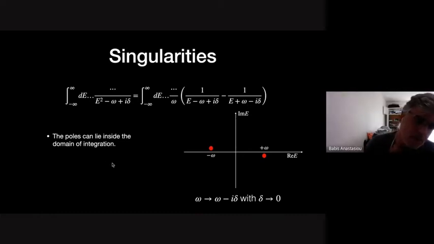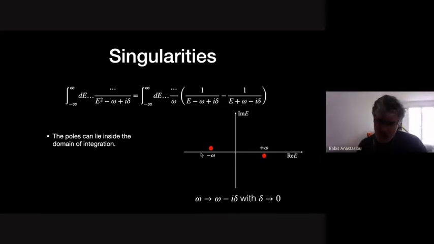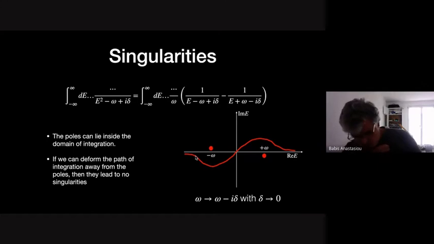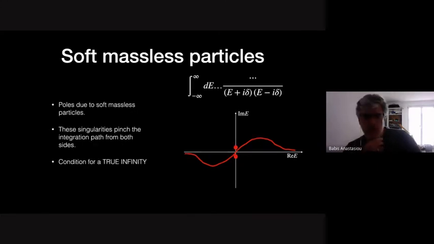Now, these poles are very close to the integration path, so in principle they can lead to singularities. However, if you are able to deform the contour of integration away from these poles, then there is no singularity. Many of these poles can be deformed away. The situations in which they cannot be deformed away are two.